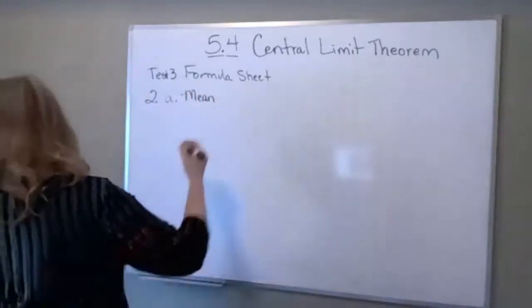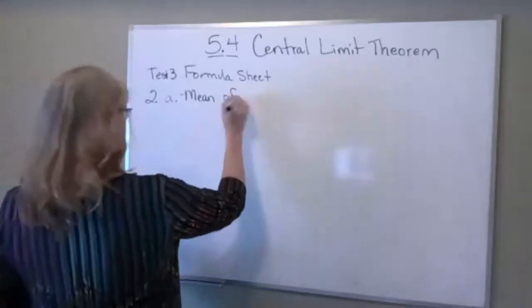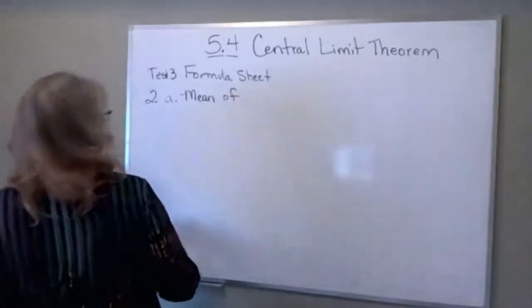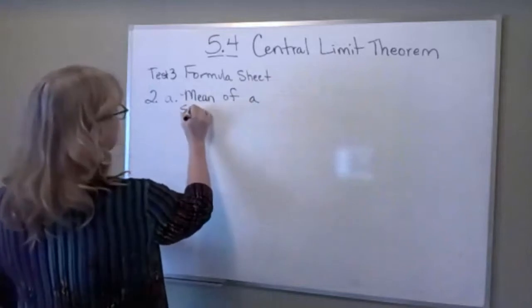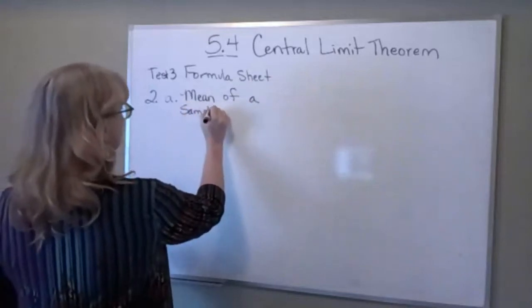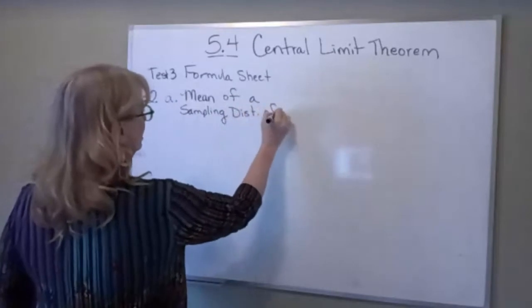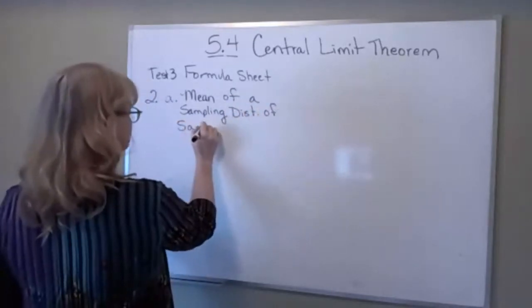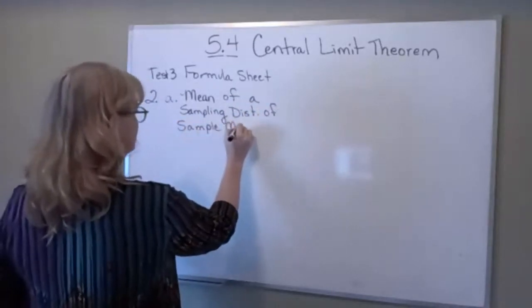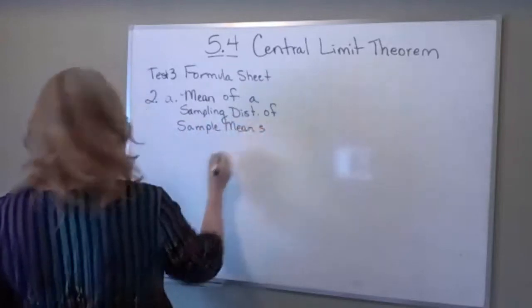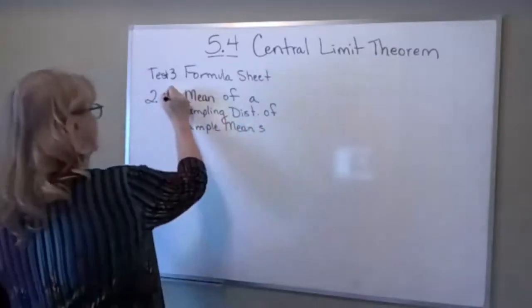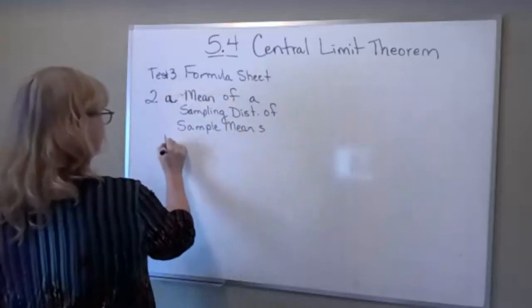The mean of a sampling distribution of the sample means. That's what the A part is.